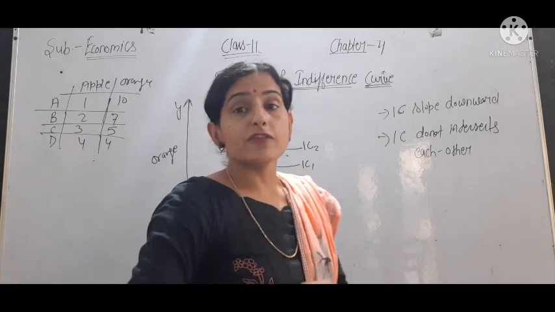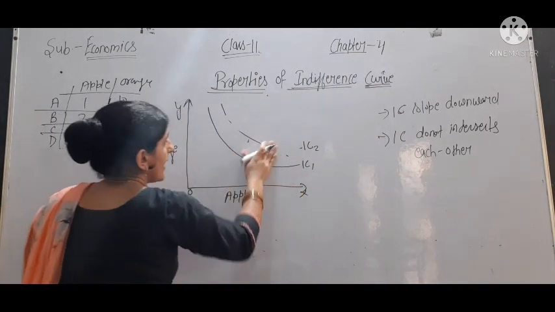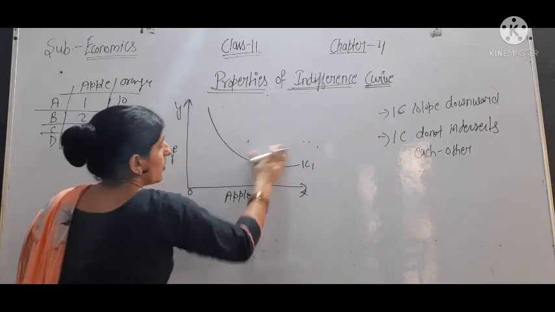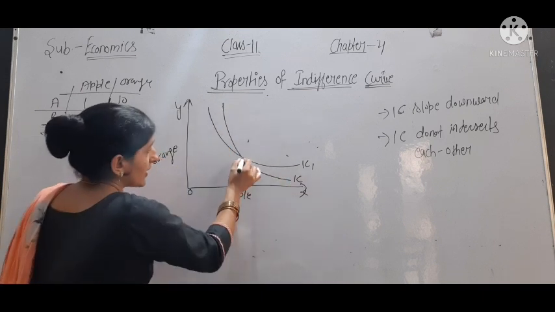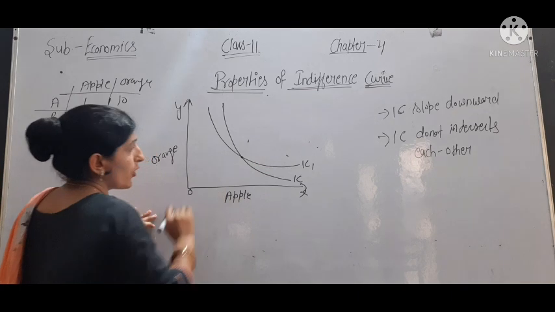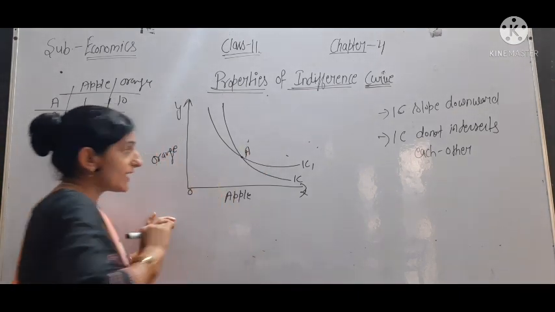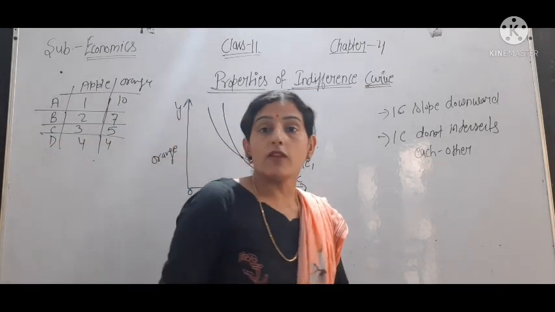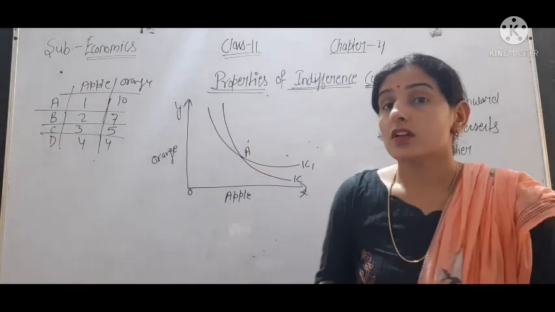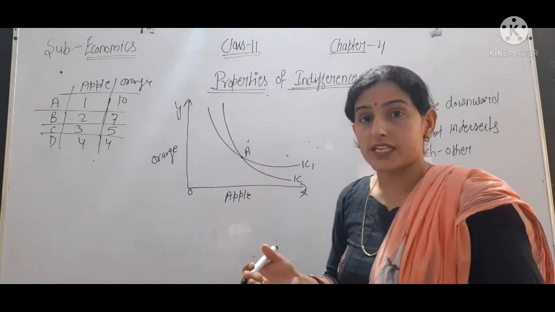Why? Because if it intersects, then what will happen? Suppose IC2 intersects IC1. It means at this point on IC1 and IC2 the consumer is getting the same level of satisfaction. But according to our properties and assumptions, a higher level of IC gives a higher level of satisfaction.